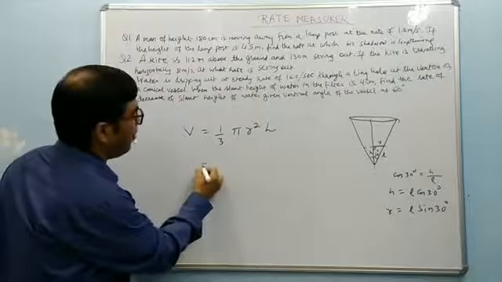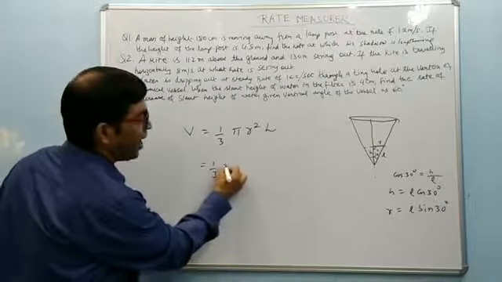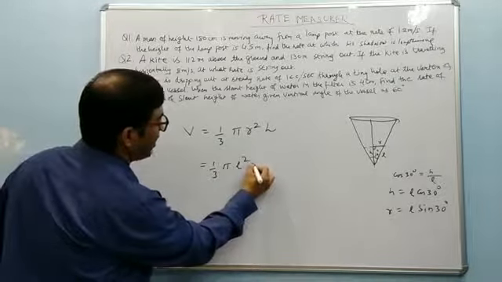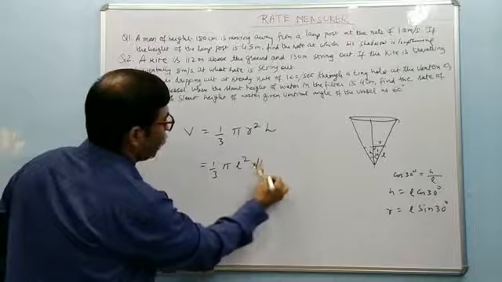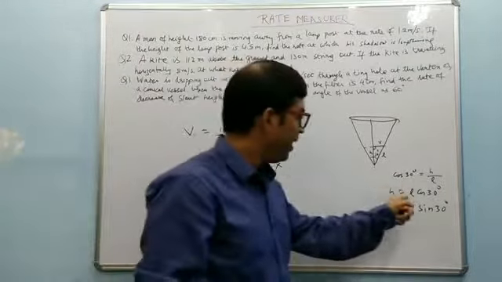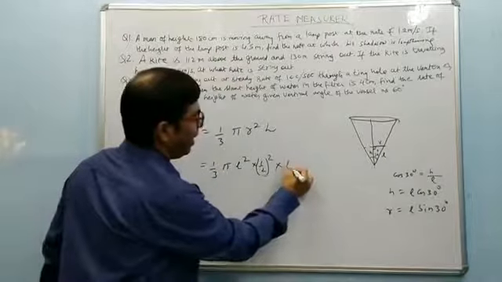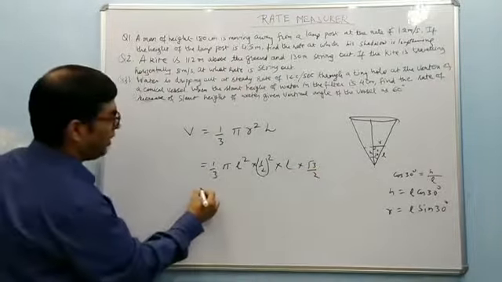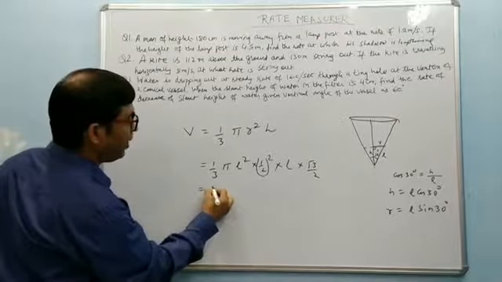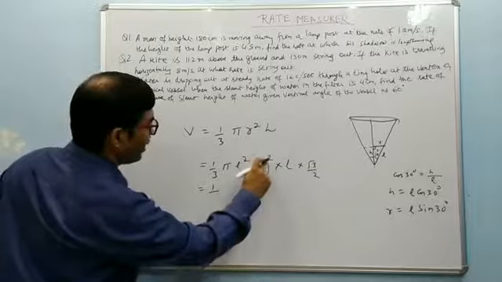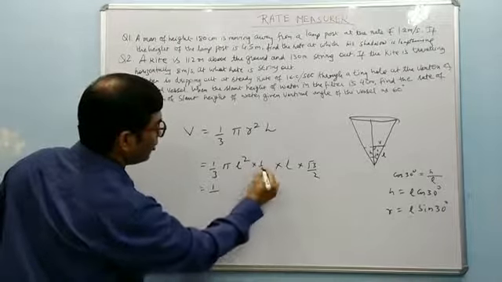So it will be 1/3 pi r squared, meaning L squared sin squared 30. Sin 30 is 1/2, so (1/2) squared into h. H is L cos 30, and cos 30 is root 3 by 2. So ultimately it is 1/2 squared, which is 1/4.